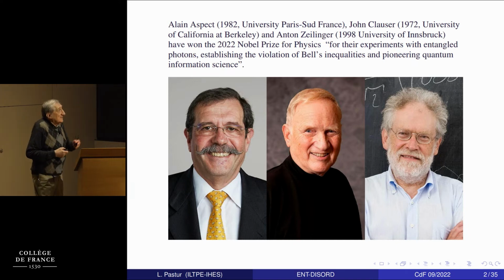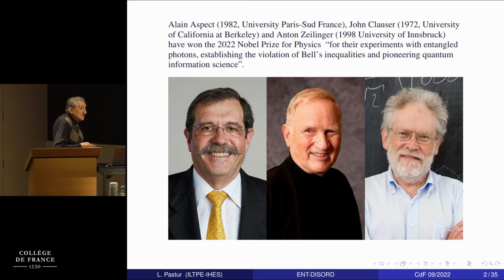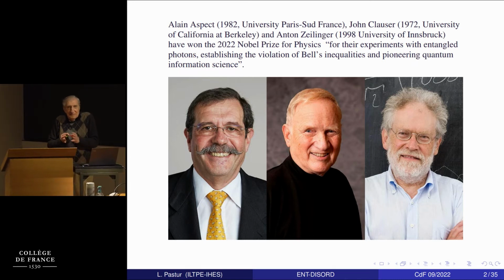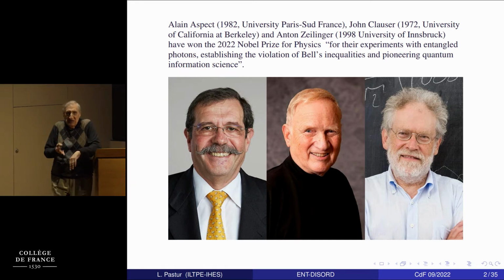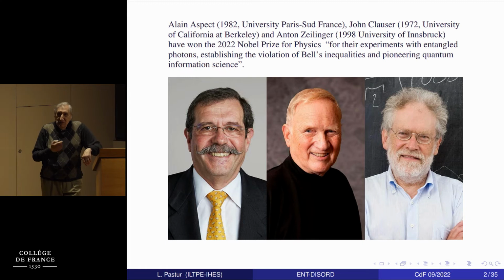But even after all three, there were still certain objections concerning the setting and interpretation of Bell's inequality, and it was more or less completely settled in 2015, 17 years after Zeilinger.